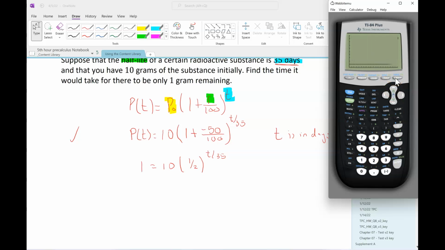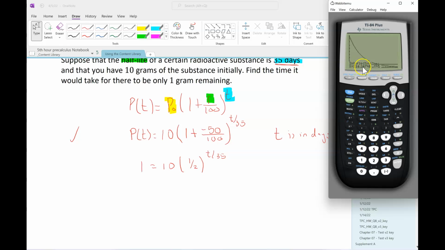Let's hit our graph. There's my line for 1 gram. There's my decay curve. There's my intersection. Second, trace. Pick the intersect command. And then enter 3 times.